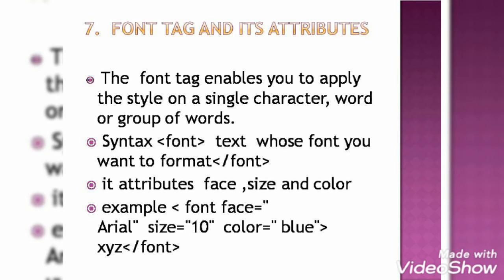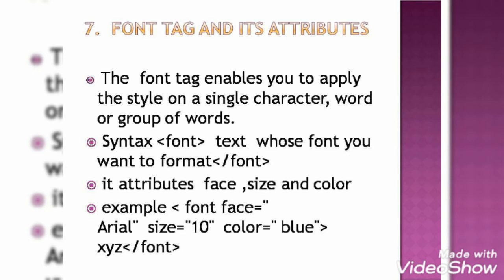For the syntax, in brackets you write font, whichever text you want to change, and then you close the font tag. Attributes means what all things you can change in this. You can change the font style: you mention the font face by writing equals to, in inverted commas you write the name of the font.